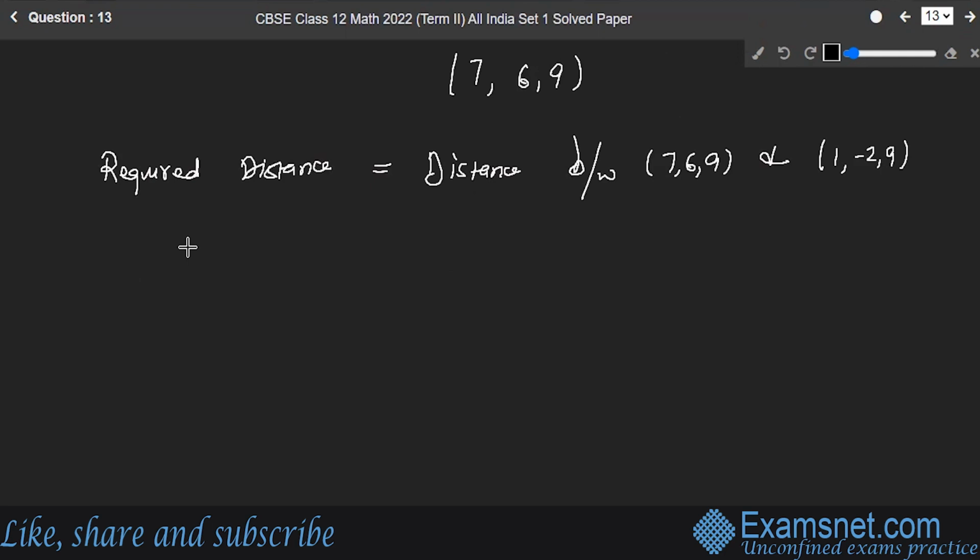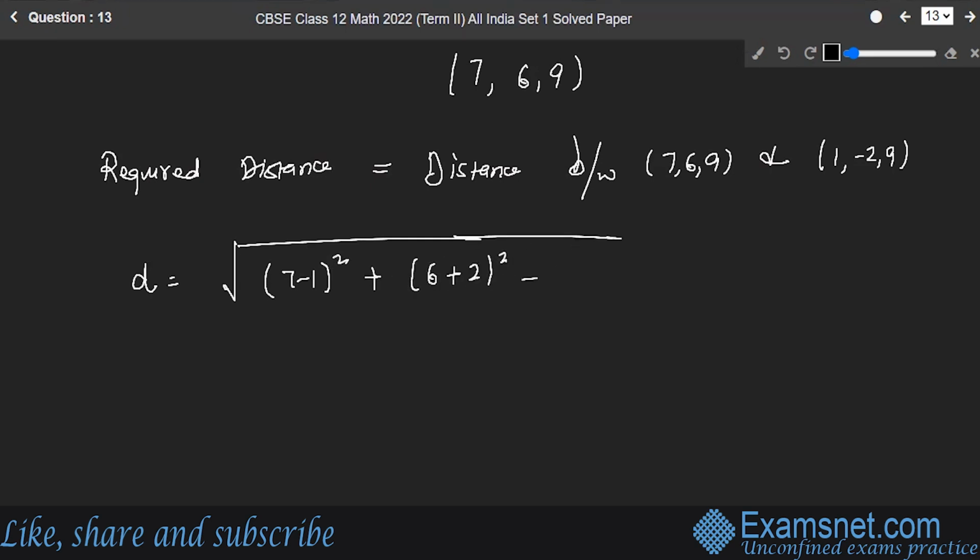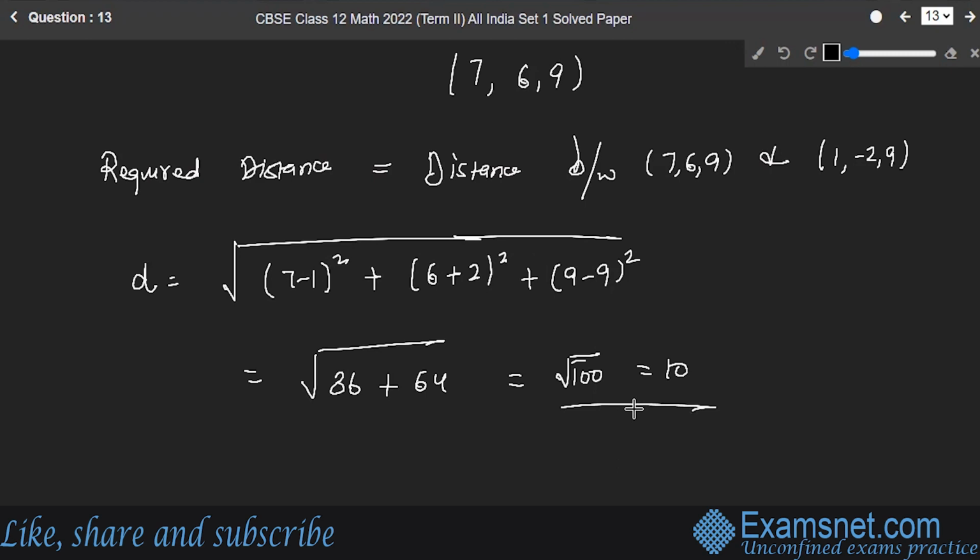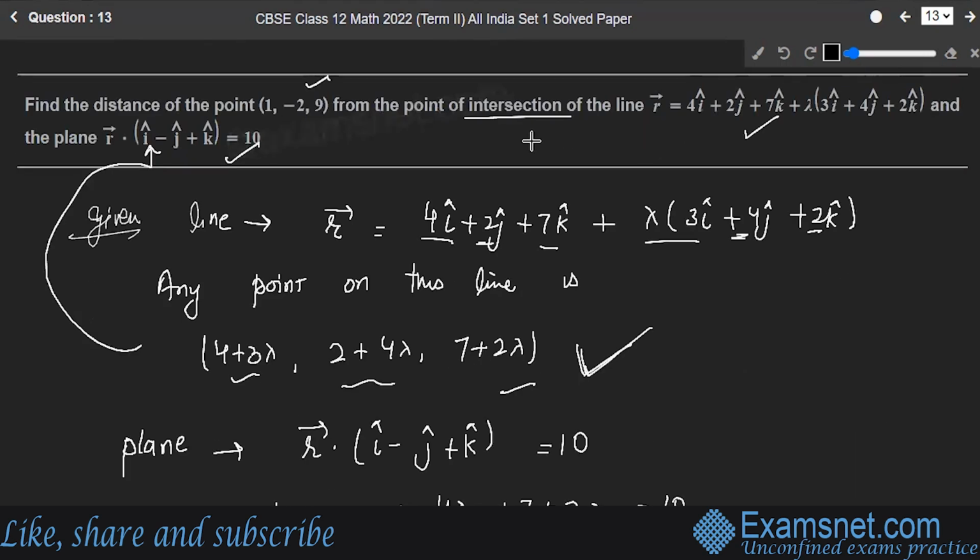So this distance is given by d is equal to root of (7 - 1) square + (6 - (-2)) square + (9 - 9) square. This is equal to 6 square, 36, 8 square, 64, which is root of 100, and the answer is equal to 10. So 10 units is the distance between this point and the intersection of this line and this plane. Hope you have understood that.